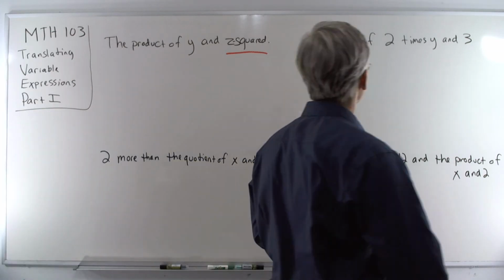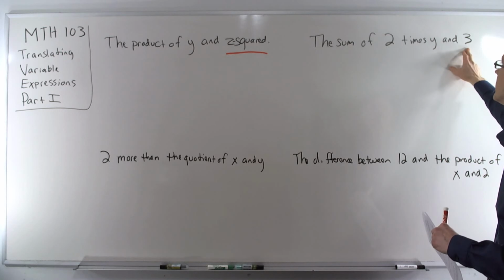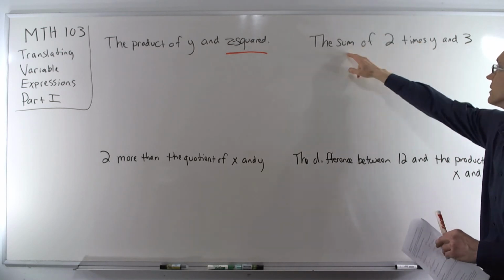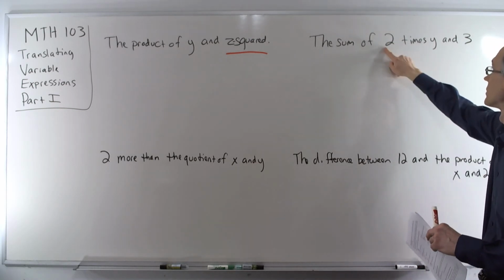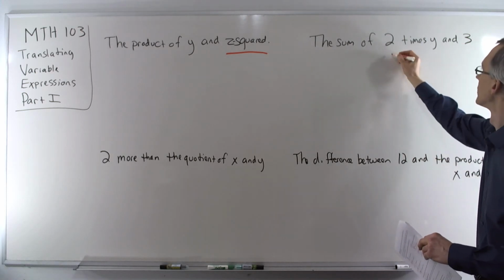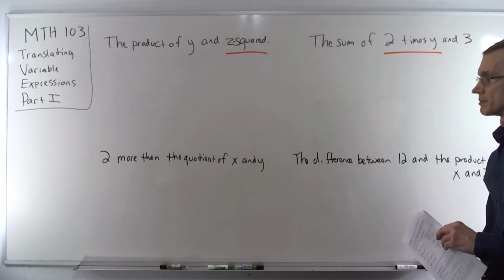Second one, the sum of 2 times y and 3. Well, if we start here, we got sum and we have times, addition, multiplication. So that's two operations, so we can't start there. But if we start here, 2 times y, there's your simple expression. Two numbers or variables, 2 and y, and the operation times.